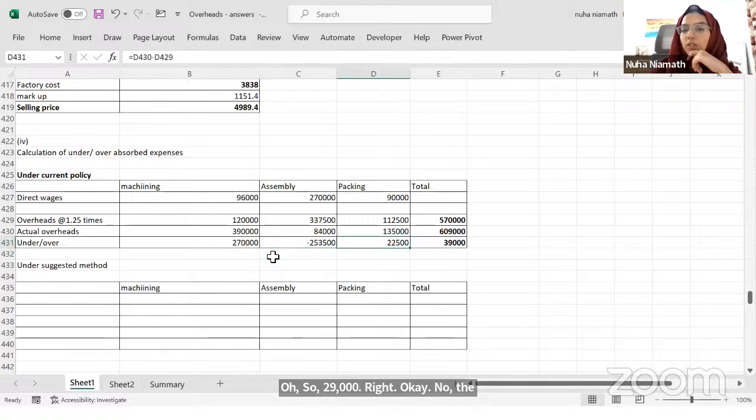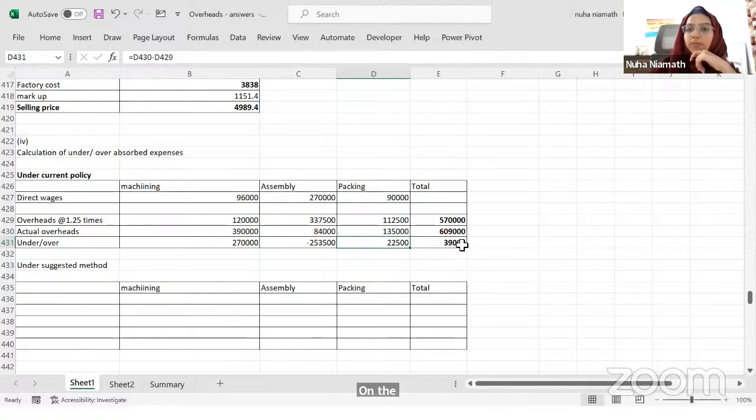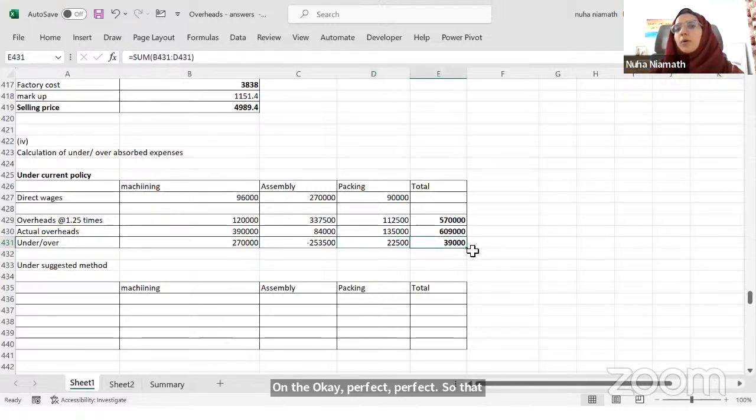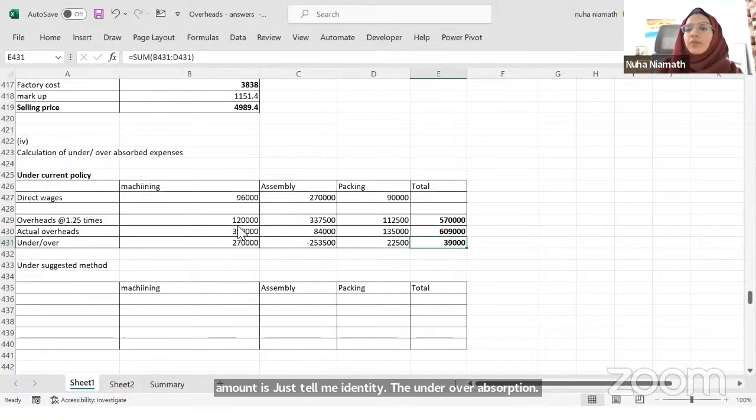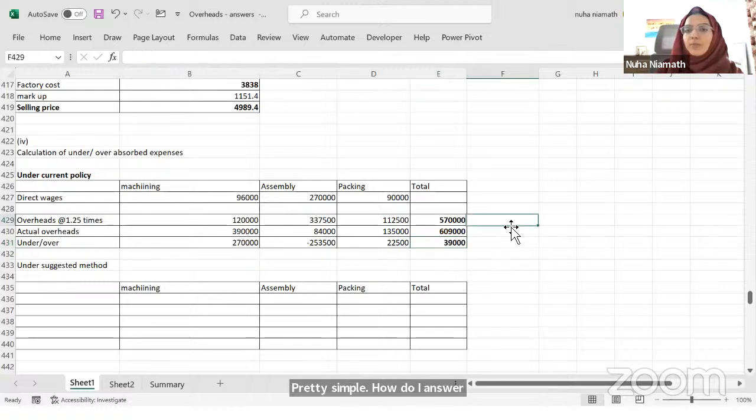Packing is over absorbed or under absorbed? Under. Okay. Perfect. So that means the total amount is... please tell me, identify the under over absorption map. Pretty simple. How to identify whether it's under absorbed or over absorbed?